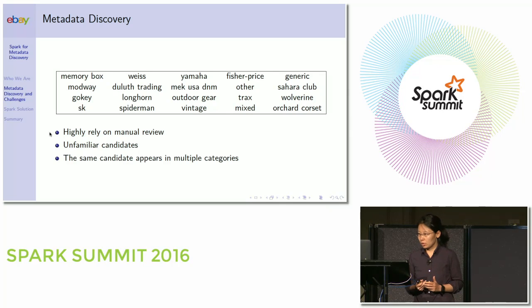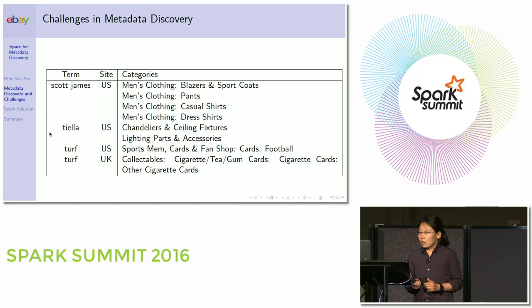You have to do a lot of searching, and to make things even more complicated, in this example many terms are actually brand candidates for a lot of different categories. The reviewers have to go through every category to make sure that this is a brand for this category. Basically, this brand has products in this category, which requires even more effort.